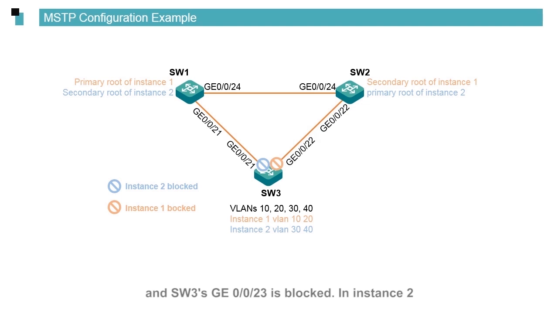In instance 2, SW2 is configured as the primary root bridge, SW1 is configured as the secondary root bridge, and SW3's GE0/0/2 is blocked.